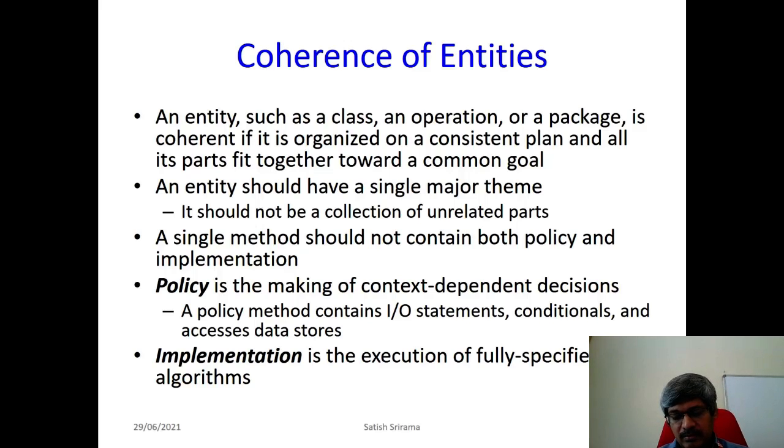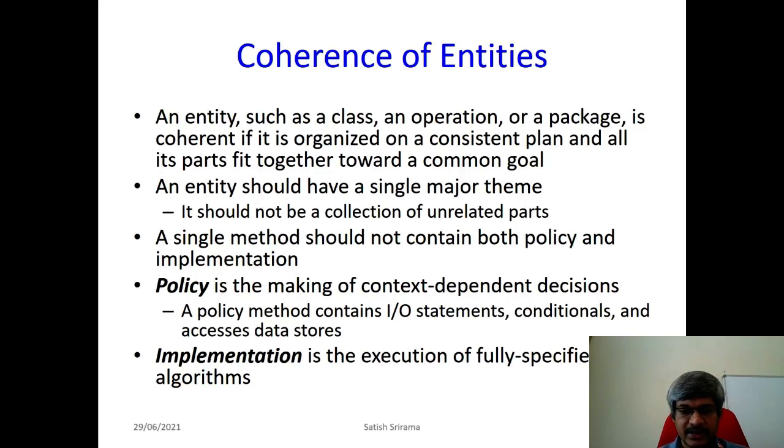To discuss this in more detail with an example: a single method should not contain both the policy and the implementation. This is at the method or operation level. Policy primarily deals with making context-dependent decisions.